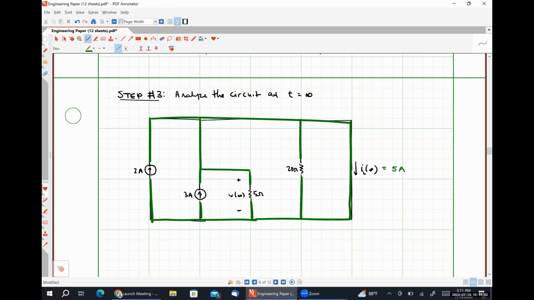So 0? It's 0. The current flowing through the 5 ohm resistor is 0 because all of the current flows through the short. Another way to think about it, the 5 ohm resistor is in parallel with the short circuit, which means it has to have the same voltage drop as a short circuit, and the voltage drop across a short circuit is always 0 volts.